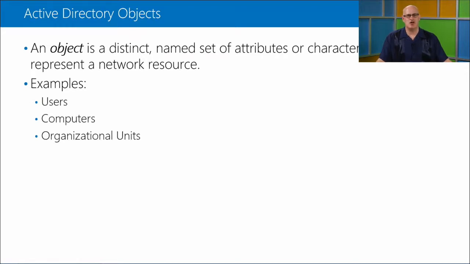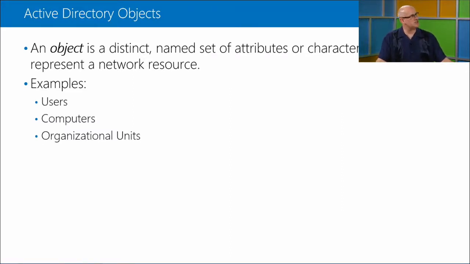Examples of objects are a user, a computer, an organizational unit. These have properties and attributes. So the properties of a user could be username, last name, first name, building, telephone number. All these unique properties make up a user.